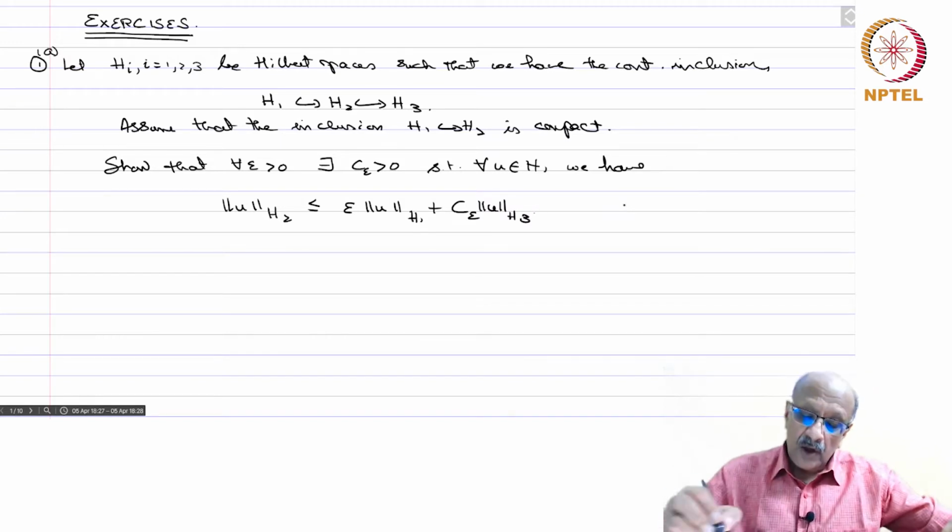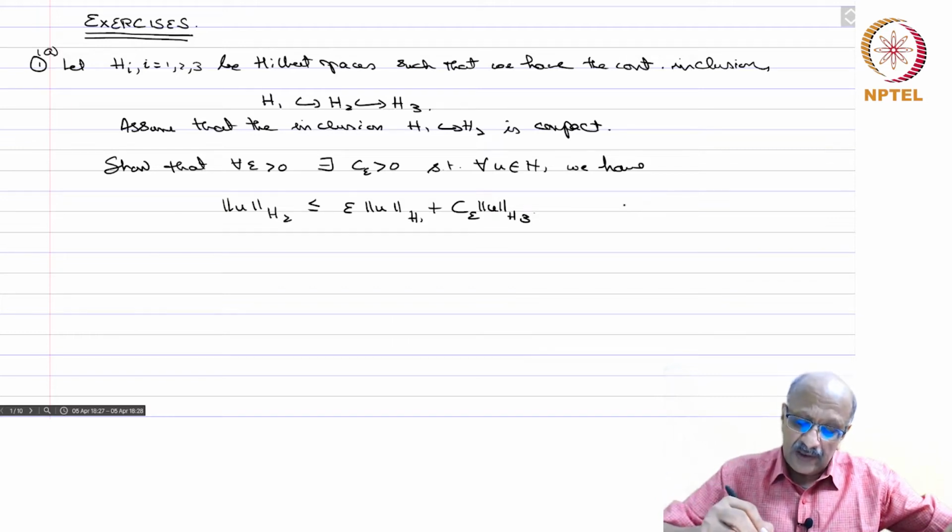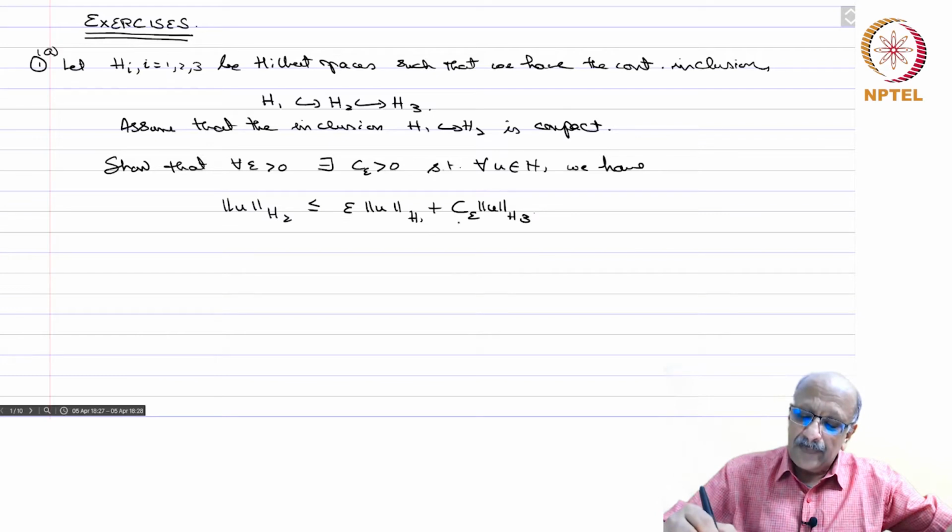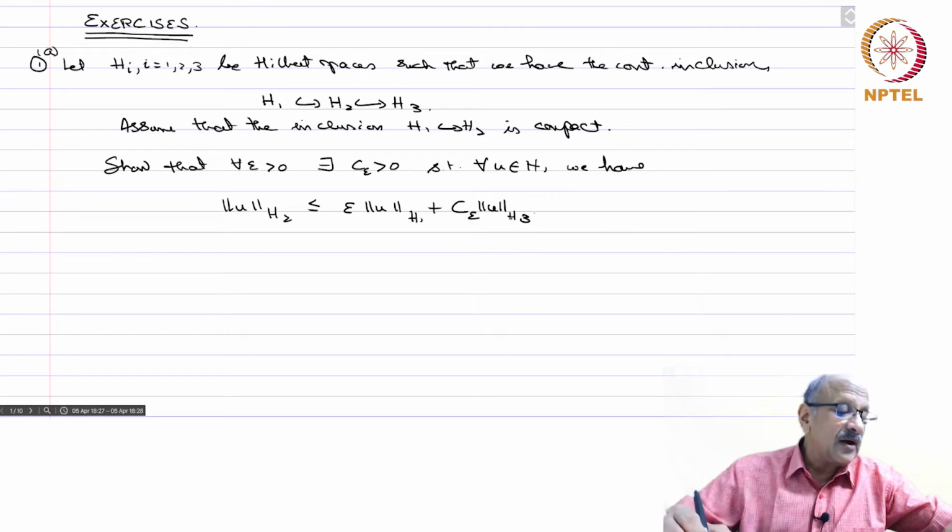Okay, so if u is in H1, then it's in all the three spaces H1, H2 and H3. What we are saying is we can estimate norm of u in the middle space H2 by epsilon times norm u in H1. So we are putting a very small coefficient for H1, but then we pay a price. C epsilon will be somewhat large for H3. Okay, so this is the idea.